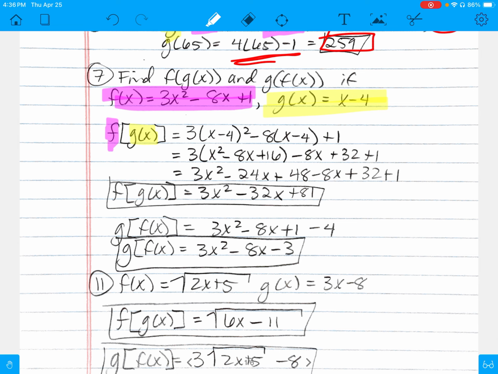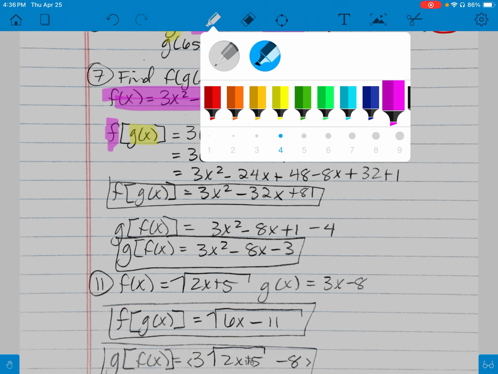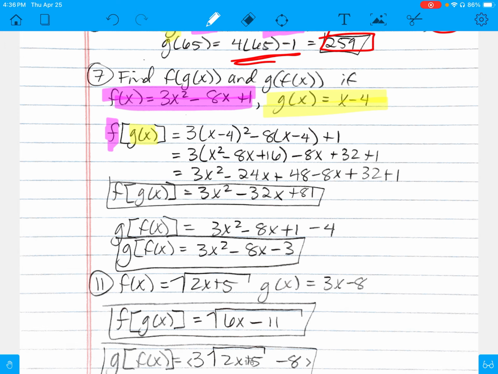So that means rather than replacing the x in the function f with just a particular number, we are going to replace every instance of the variable in the f function with the entire g function. And so, like when we're thinking about the f function, what does it say?